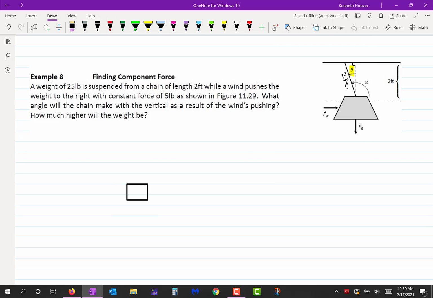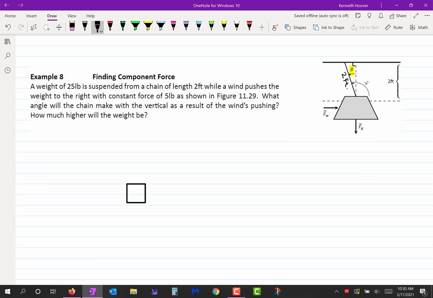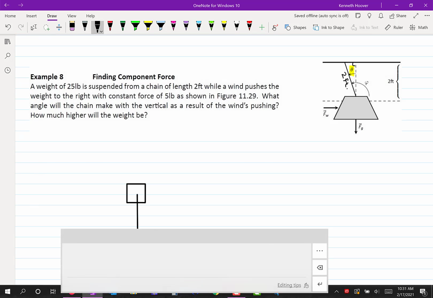There's our mass. Okay, what are the forces acting on that mass? We've got gravity pulling down. So we'll call that Fg, just like last time.